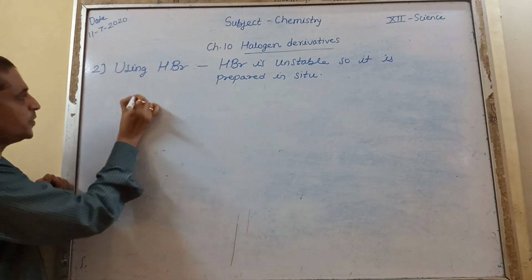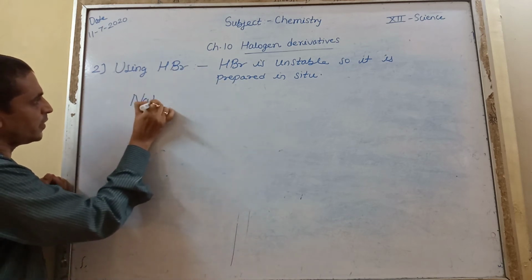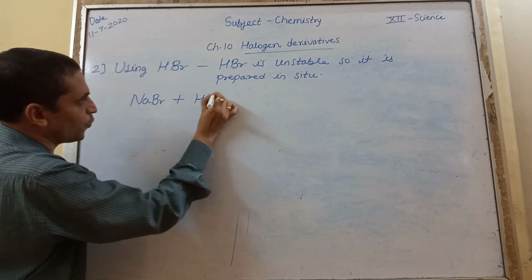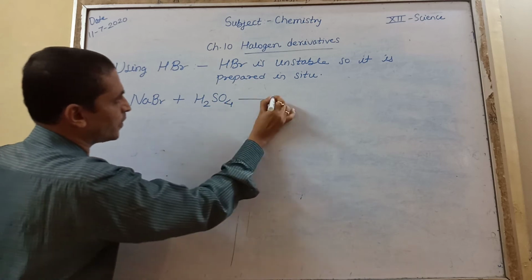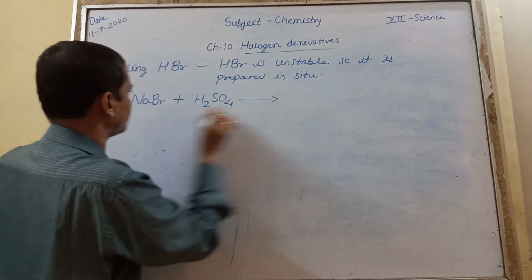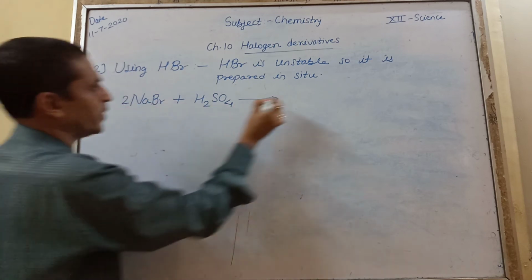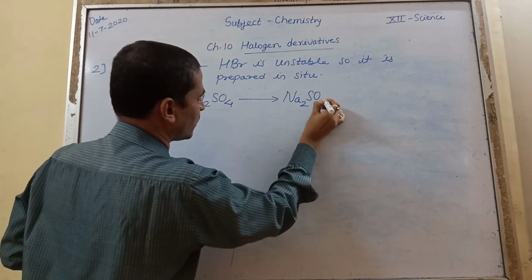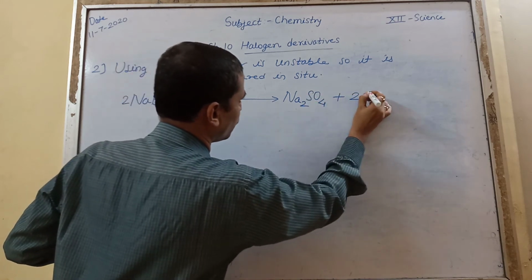So how will you prepare HBr? Take NaBr plus H2SO4. It depends, concentrated, dilute, etc. Here you get Na2SO4 plus 2HBr.